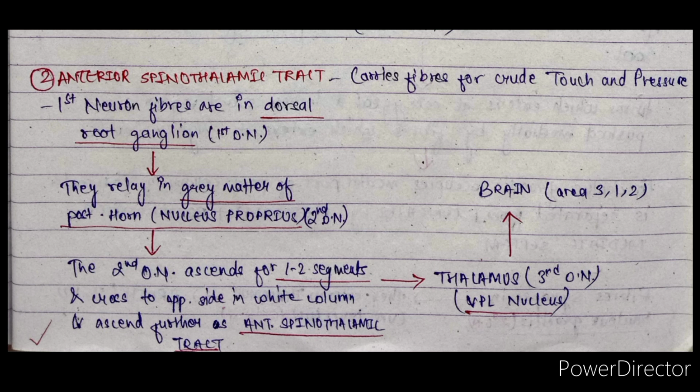The second order neuron ascends for 1 to 2 segments and crosses to the opposite side in the white column and ascends further as the anterior spinothalamic tract. It then finally goes to the brain through the ventero-posterolateral nucleus of the thalamus, which is the third order neuron. Then it finally reaches the area 3, 1, 2 of the brain.